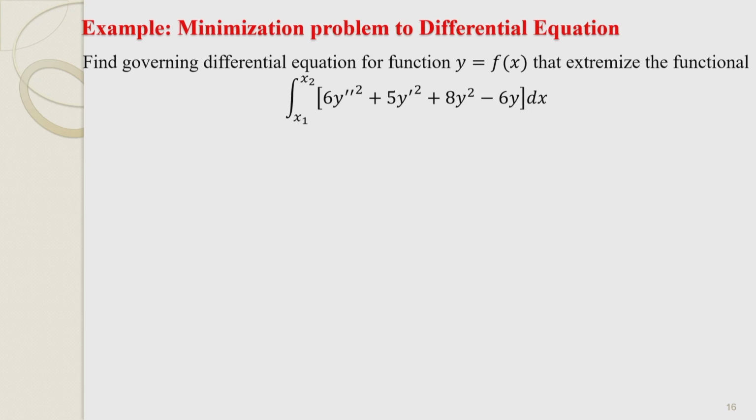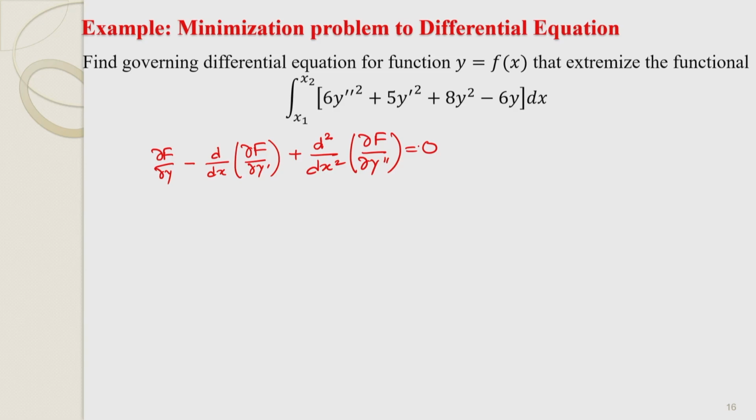So, the corresponding Euler-Lagrange equation will be del f del y minus d dx del f del y prime plus d2 dx2 del f del y double prime equal to 0.